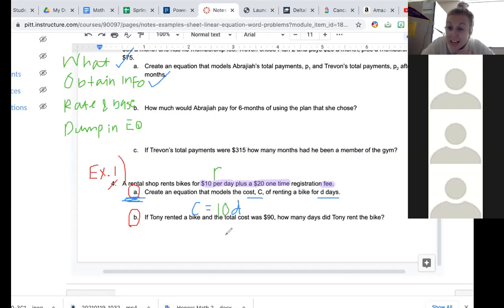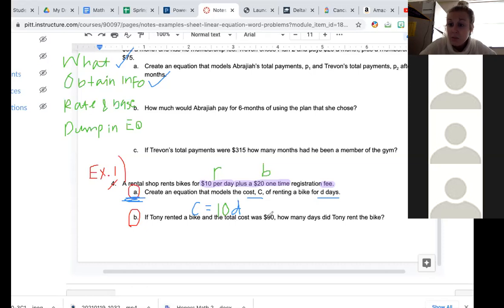Now that fee, we only pay it once. We pay it when we first rent the bike. So that's the starting amount, which means it's the, what did we write in our notes was the starting value? The base. The base, good.